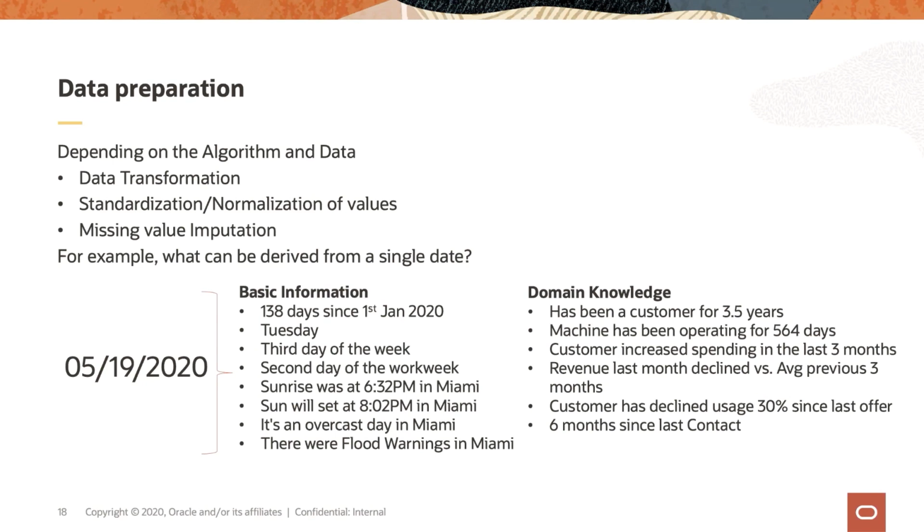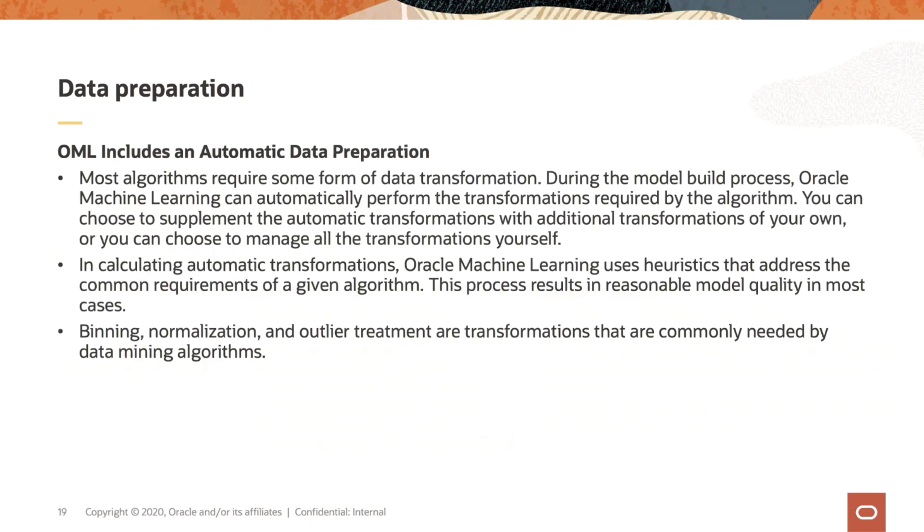In regression, you will see when I show you, you normally have problems with outliers that might be very complex. So Oracle Machine Learning, as I mentioned before, does include automatic data preparation. We have heuristics that will allow you to do all of these.